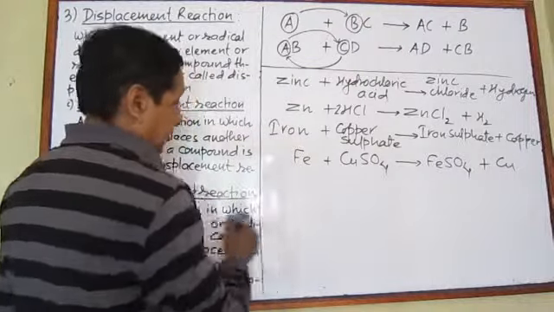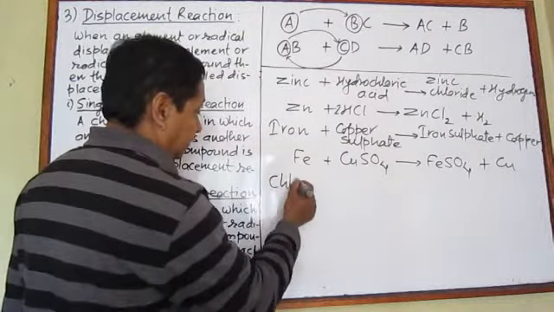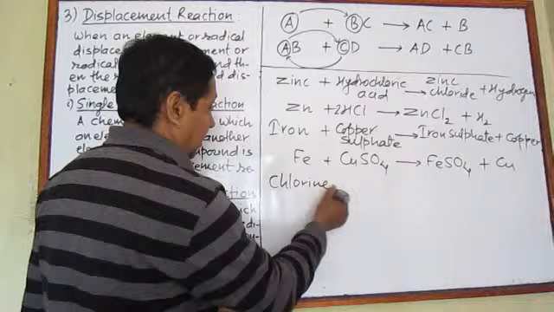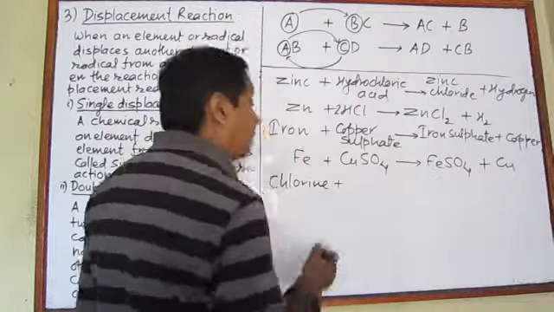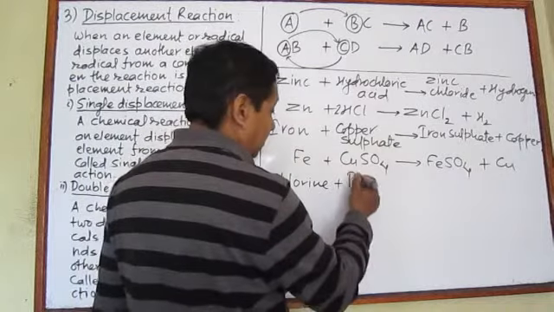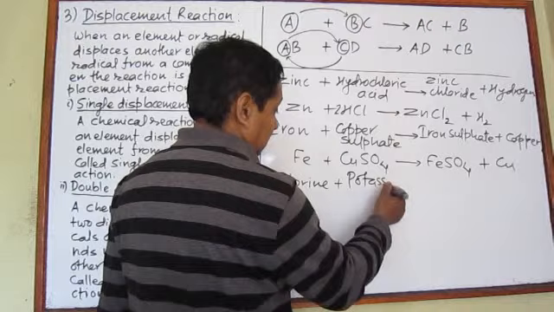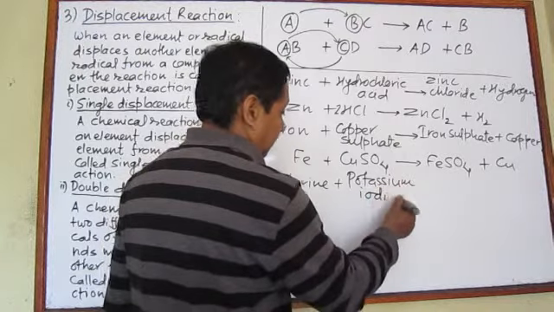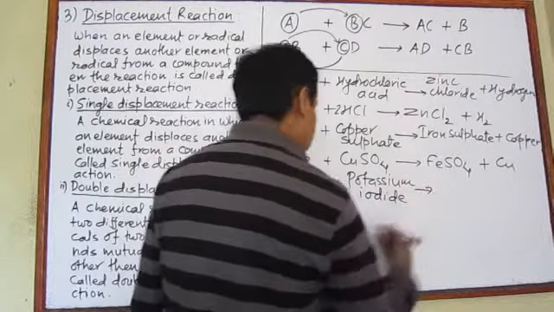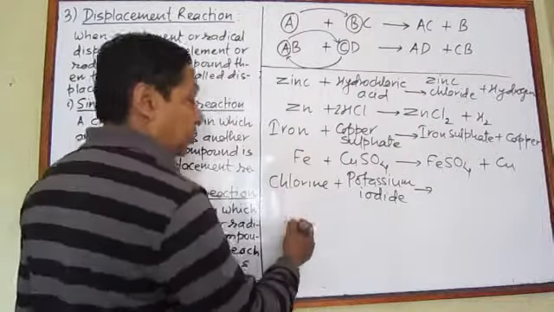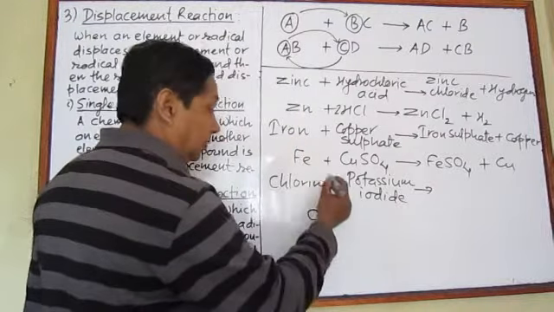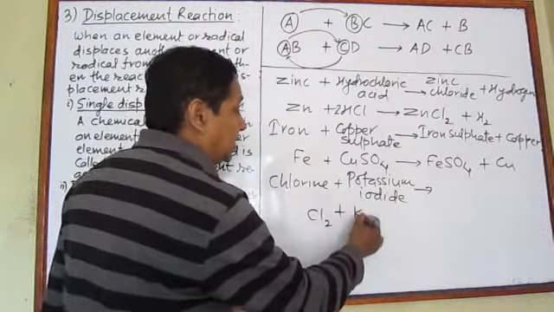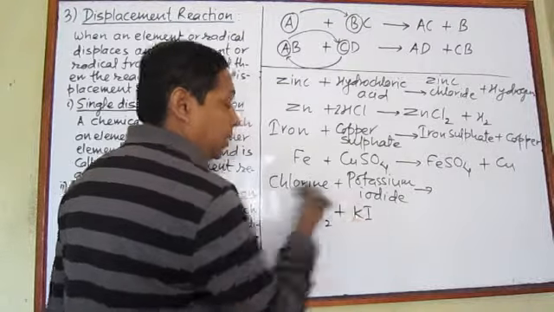Now another example, let's say chlorine. Chlorine is reacting with potassium iodide. Then what happens? Let's write the formula equation first. Chlorine Cl2, potassium iodide means potassium K, iodide means iodine is combined.